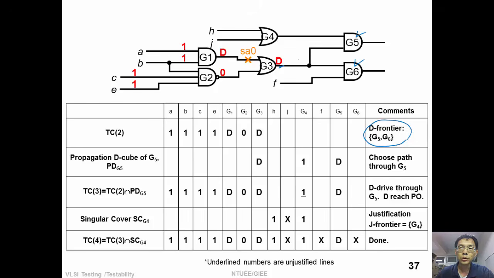Let's say we choose G5 to propagate to the output. So now we must assign the output of G4 to be 1. In that case, we can successfully propagate the fault effect to the output and generate the test pattern.